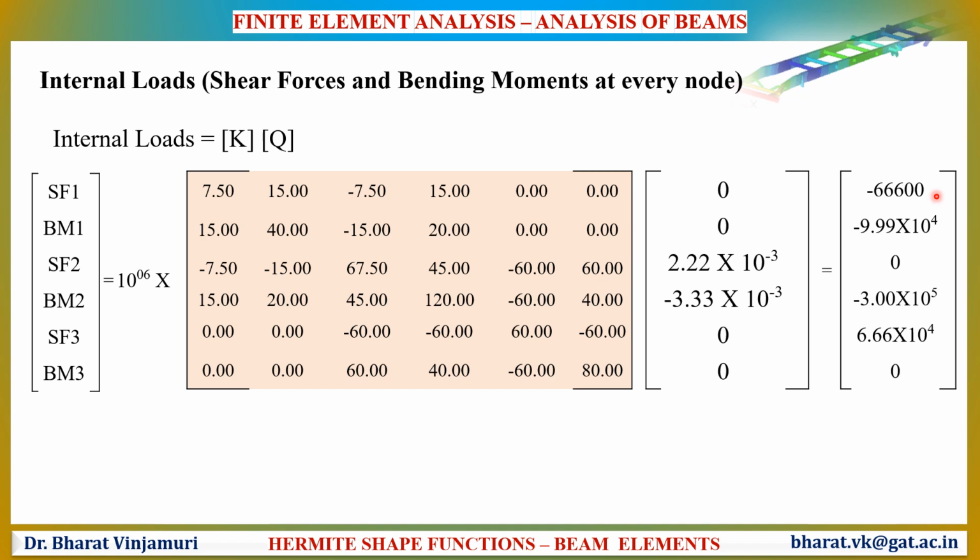Similarly, the shear force, and now the bending moment at node 1. Shear force at node 2 will be 0, and bending moment we have some value. F3, the shear force at node 3 as well as bending moment at node 3. These are the shear forces and bending moments, usually in FEM called internal loads.